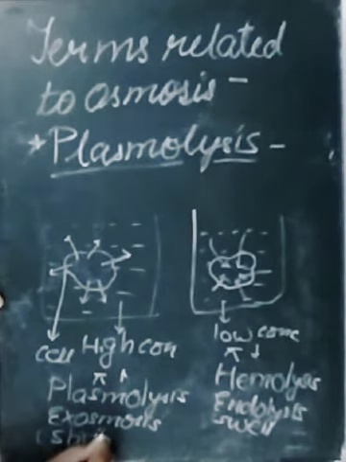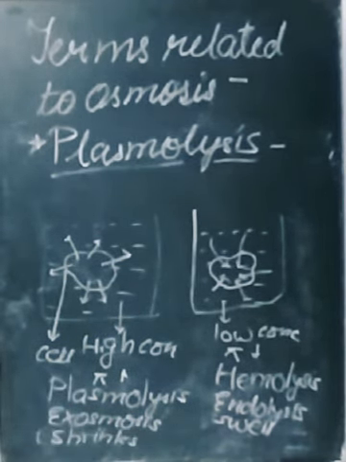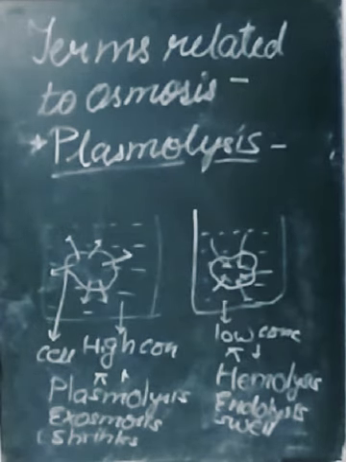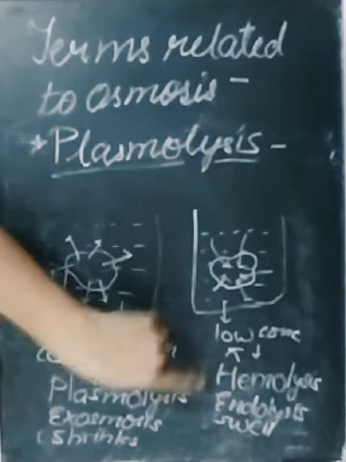So when RBC are kept in a solution containing 0.91%, there will be no exoosmosis and no endoosmosis, because the concentration and the value of osmotic pressure inside and outside the cell are the same. But when kept in a salt solution of lower concentration than 0.91%, hemolysis takes place.